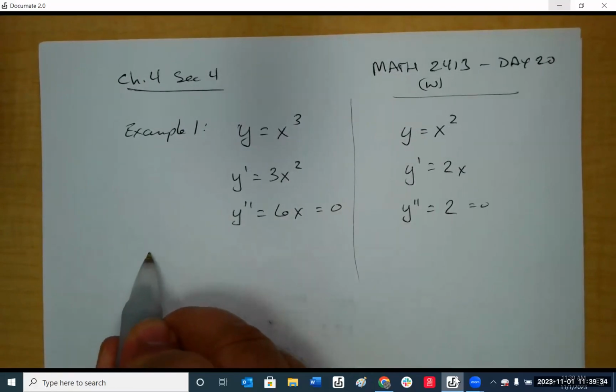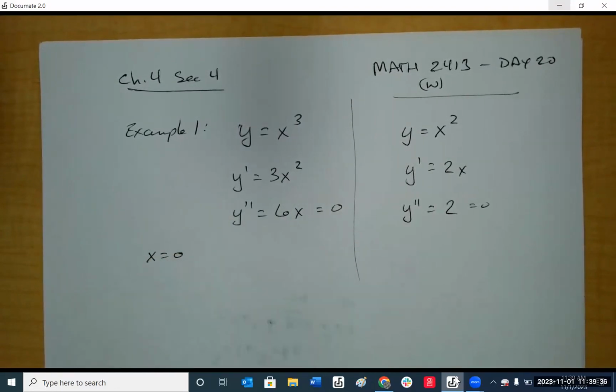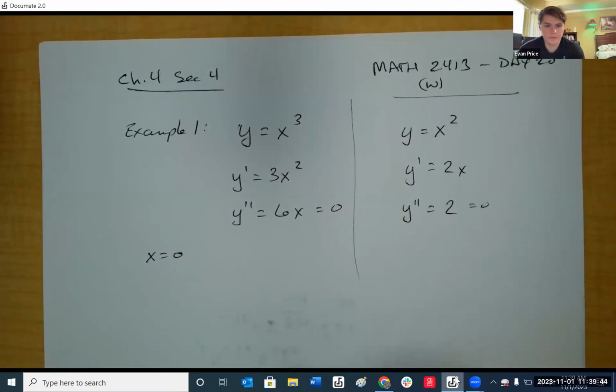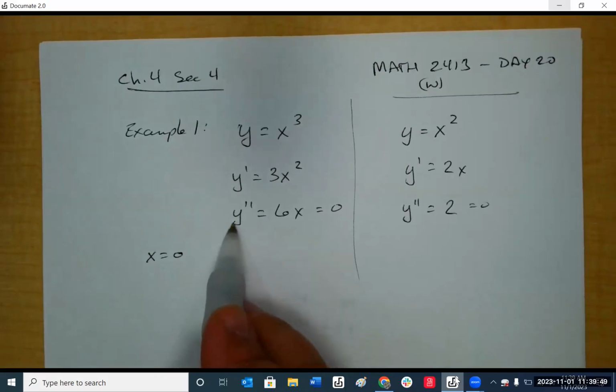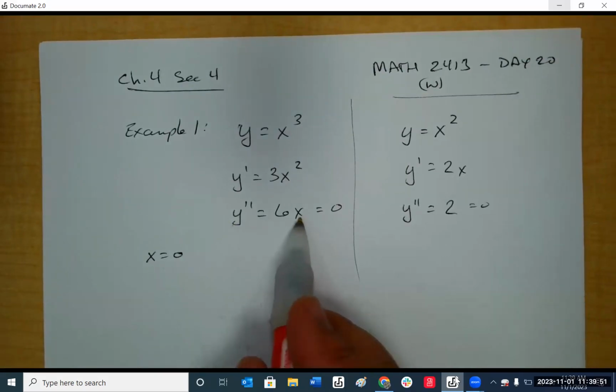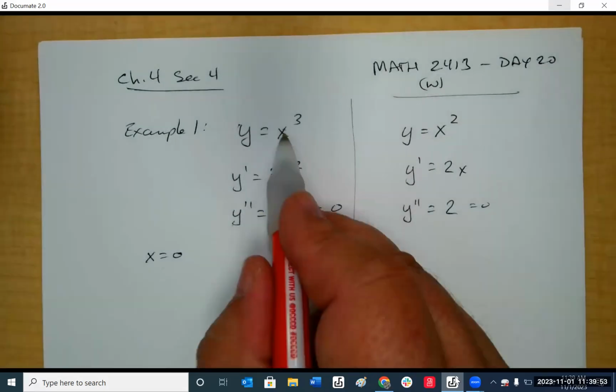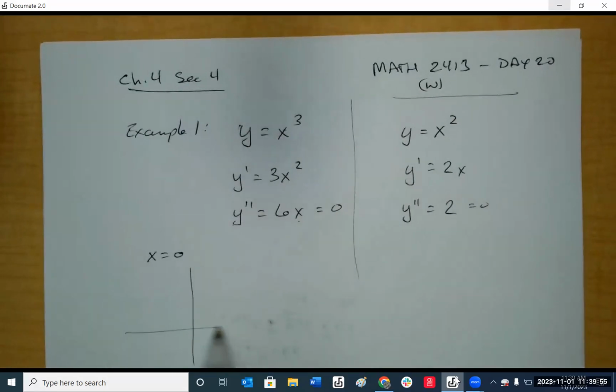So when x is 0, what happens there? What happens when x is 0? It equals 0. Well, the second derivative equals 0. Right. In other words, we know that this function is a cubic function.